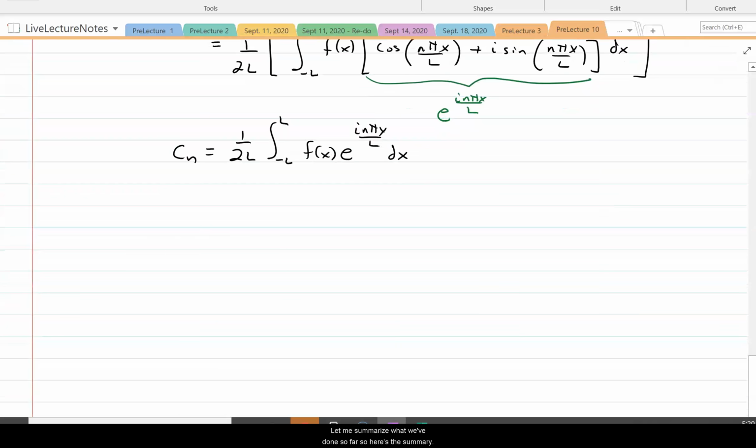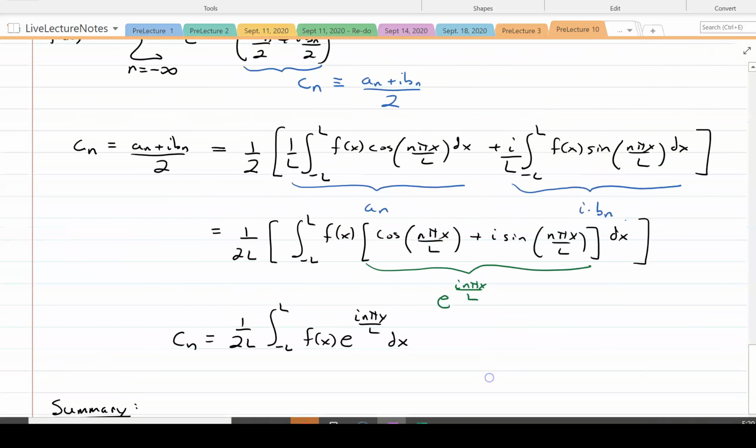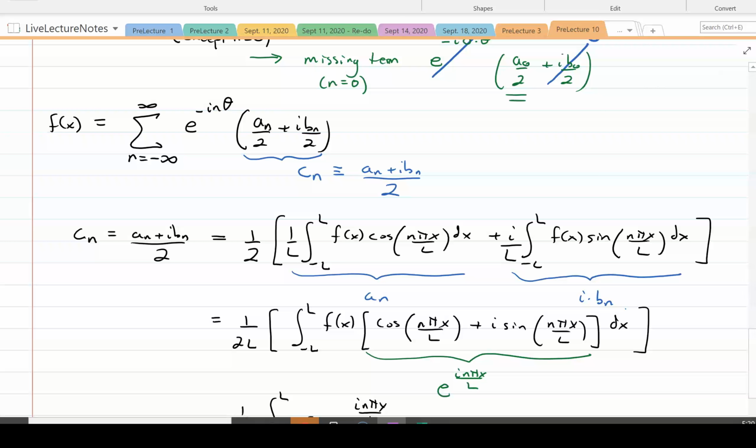Let me summarize what we've done so far. So here's the summary. We have the complex Fourier series, which is here.